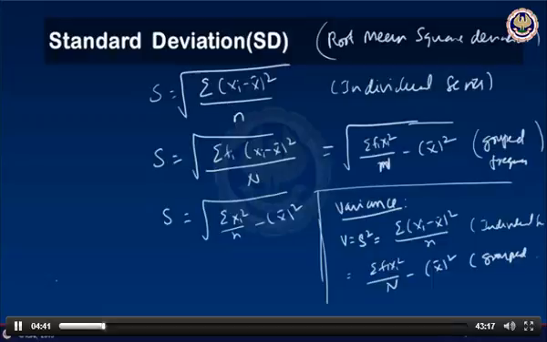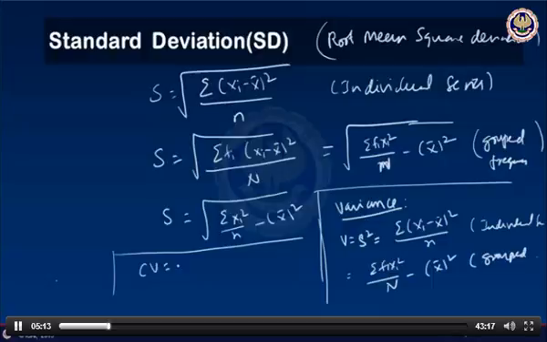Now we come to another important concept, the relative measure of dispersion based on the standard deviation, which is called the coefficient of variation. One of the important tools in statistics is the coefficient of variation. With the help of the coefficient of variation, we know what percentage the data varies from the mean.